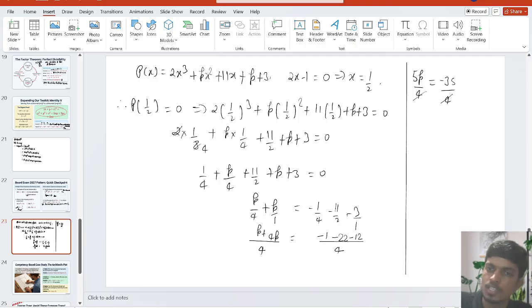And 4 is cancelled out by 4. So p is equal to minus 35 by 5, that is minus 7. So p is equal to minus 7. Our answer. I hope you understand it.